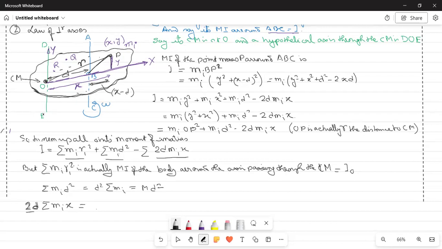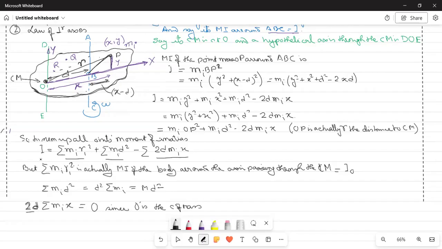Right? If you remember the definition of center of mass, it is such that Σ mi xi for all masses is equal to 0. Because center of mass is the point at which all the masses can be considered to be concentrated at a single point. So this is equal to 0, since it is the center of mass.